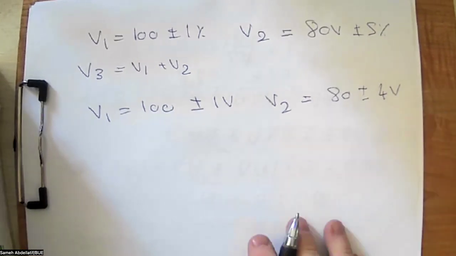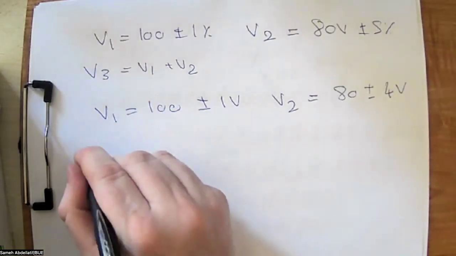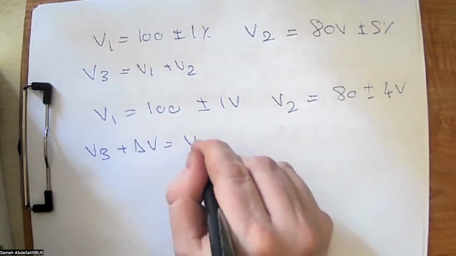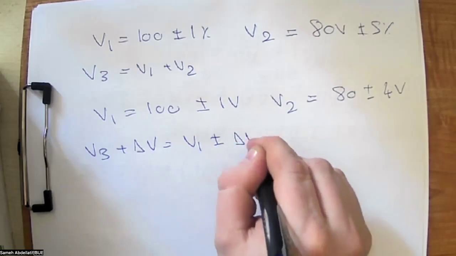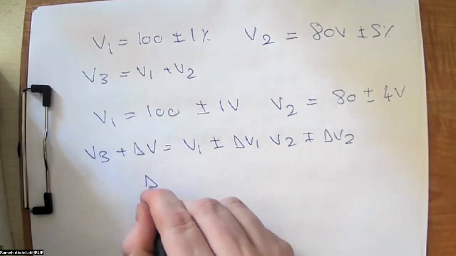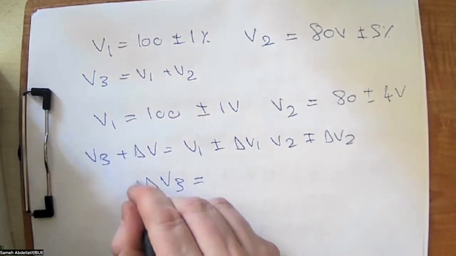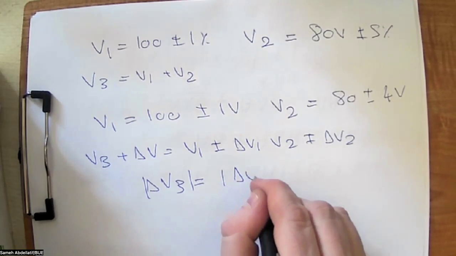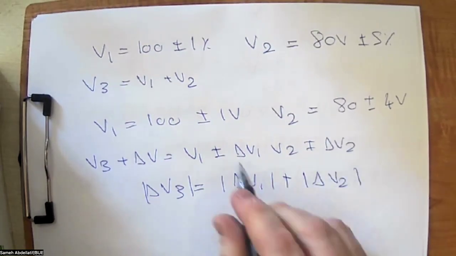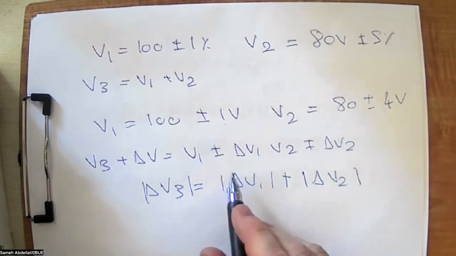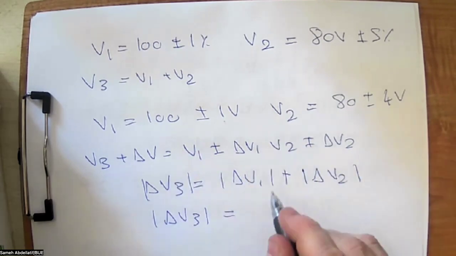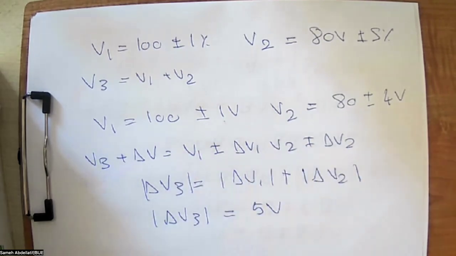That's right. So now you can proceed: V3 plus delta V is the summation of V1 plus minus delta V1 and V2 plus minus delta V2. And as we say, the absolute delta V3 equals the absolute of delta V1 plus the absolute of delta V2. Here we have 1 volt and here we have 4 volts, so delta V3 in absolute is equal to 5 volts.